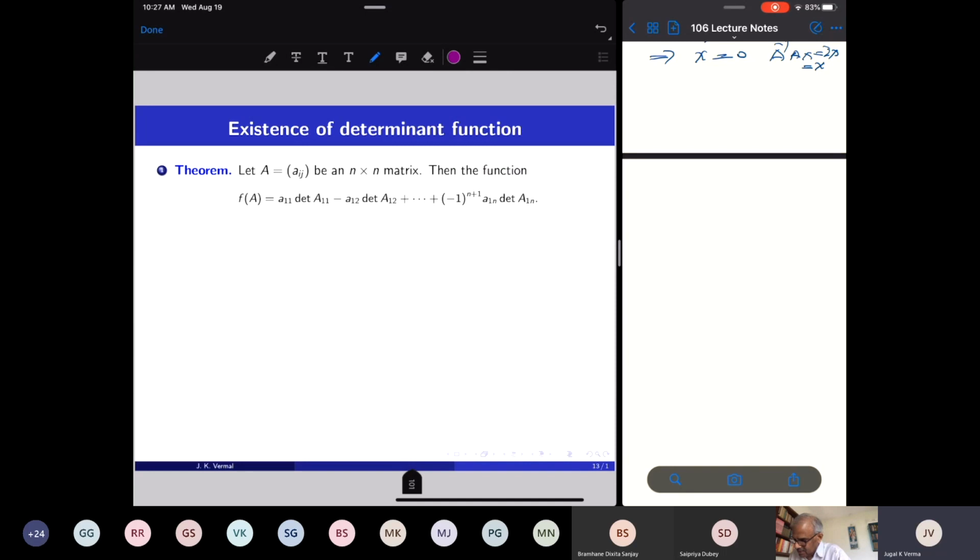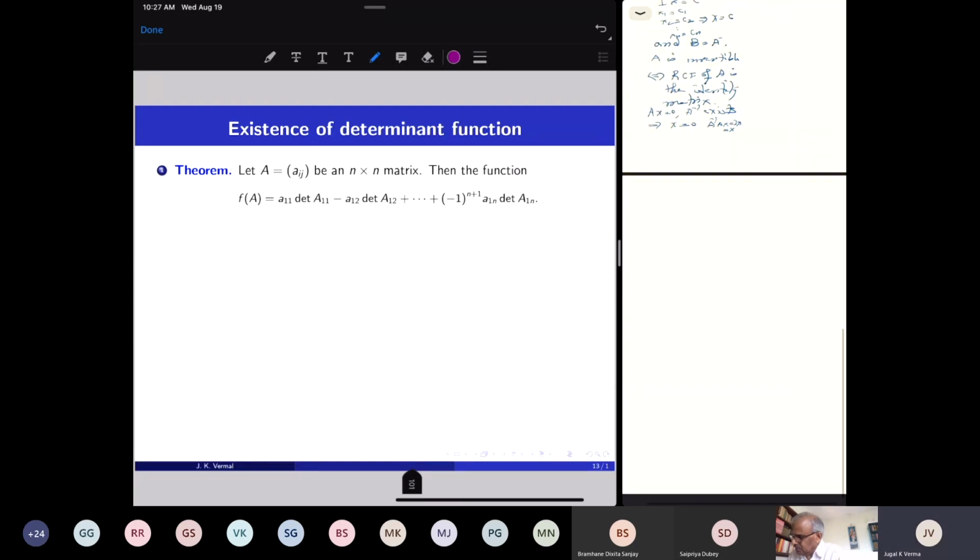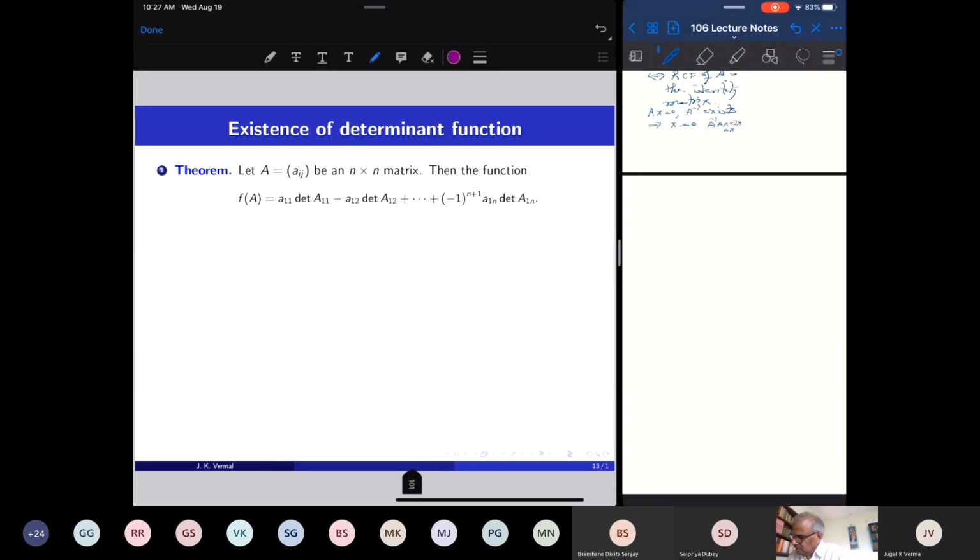This is called the expansion by the first row. We can actually choose any row or any column. So we are displaying the first row of the matrix, and then expanding using the first row.